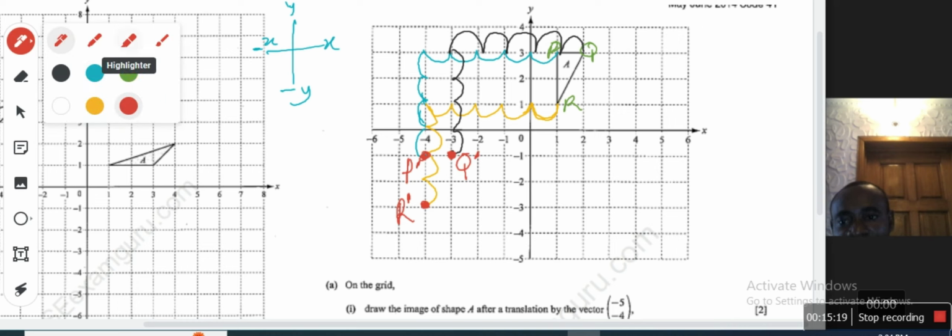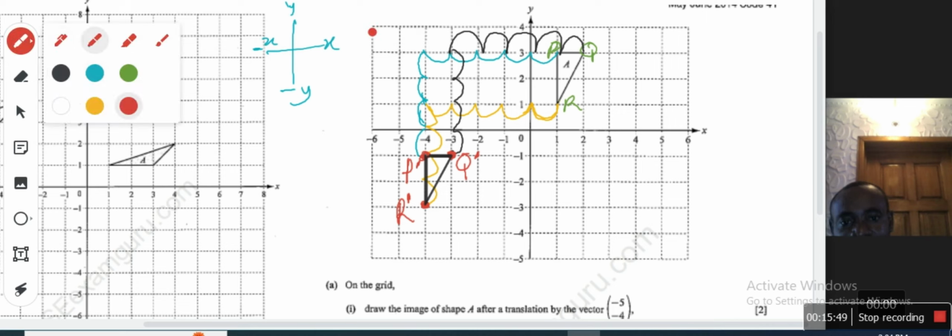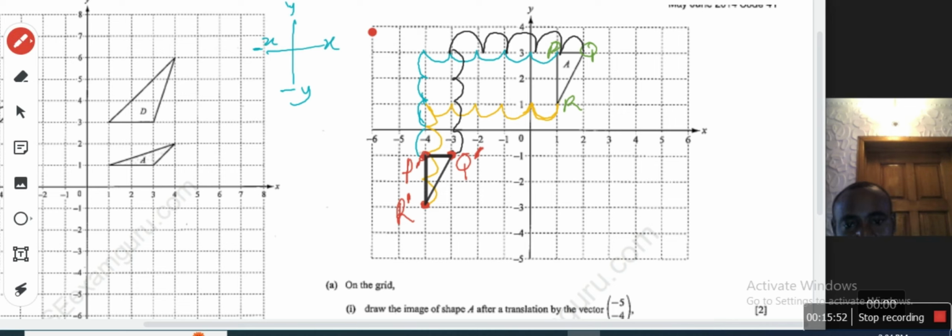Let me use black again. So you just join the points. Just join P to Q, and then join P to R, and then join R to Q. Remember, this is Q prime, just like this one is P prime, and this one is R prime.